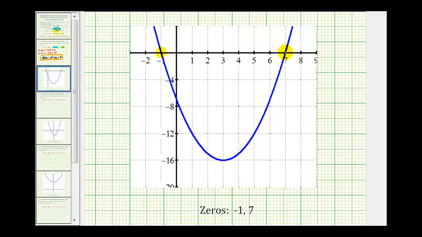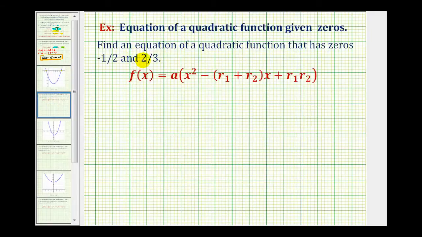Let's take a look at a second example when the zeros are fractions. We want an equation of a quadratic function that has zeros -1/2 and 2/3. Again, the first step, we want to find the sum of the zeros, and then the product of the zeros. So r sub 1 plus r sub 2 is equal to -1/2 plus 2/3.